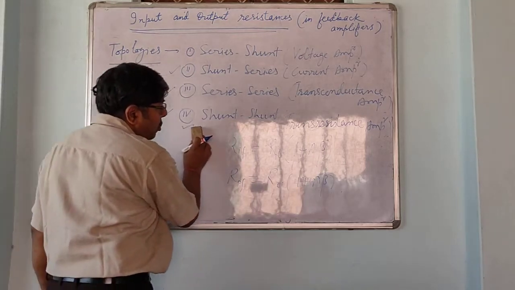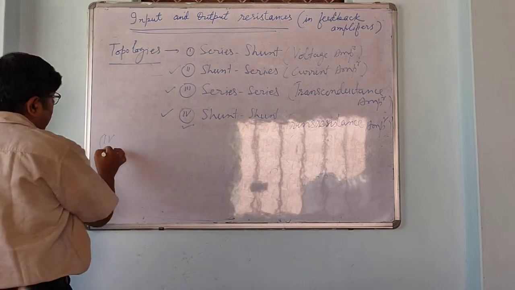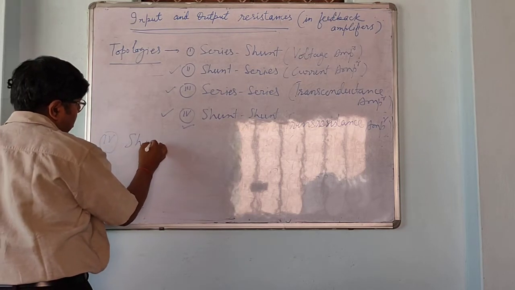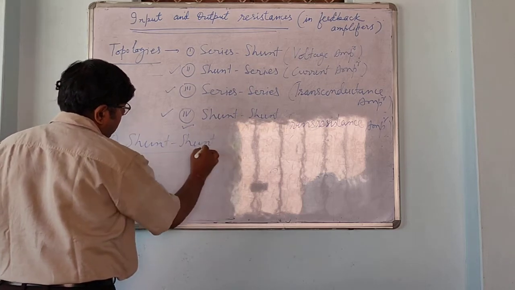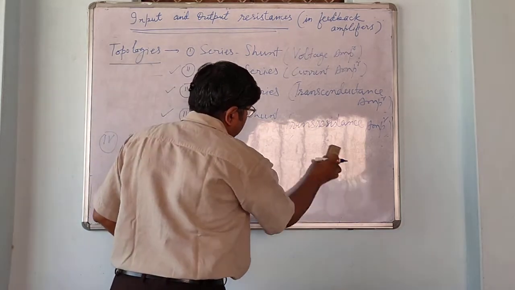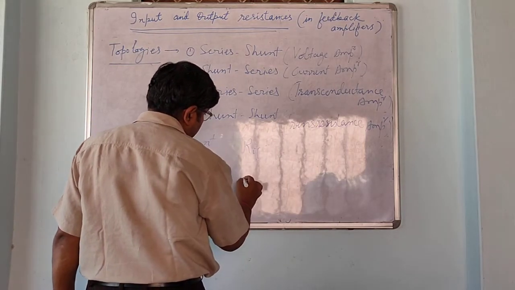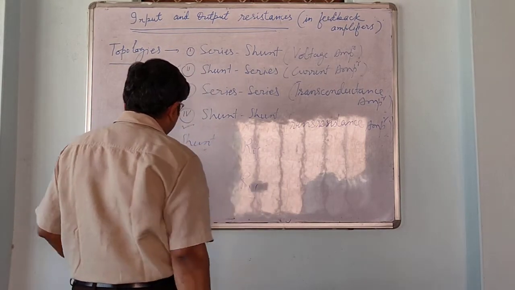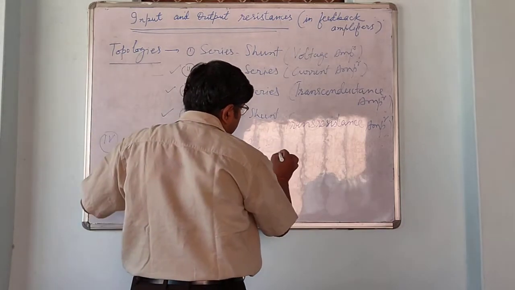Similarly, for fourth one, shunt. So at input and at output, because connection is in shunt, therefore resistances are decreased.